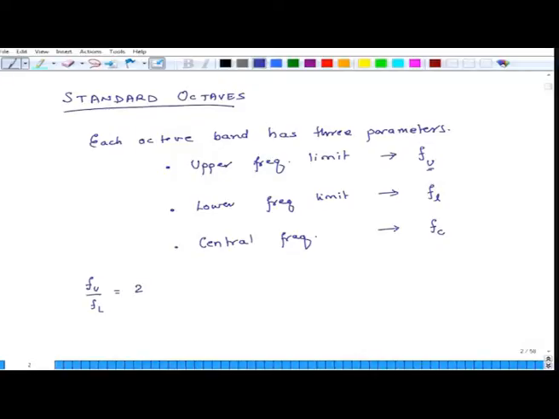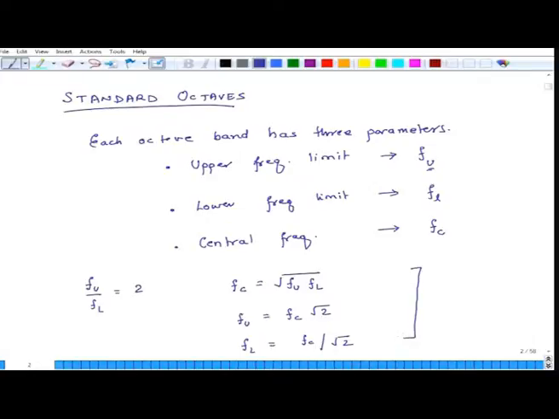But what about the central frequency? It is not the arithmetic mean of Fu and Fl, rather it is a geometric mean. So Fc equals square root of Fu times Fl. This is the other relation, and because of this we can also write that Fu equals Fc times square root of 2, and Fl equals Fc divided by square root of 2.